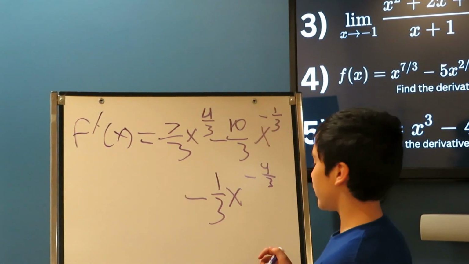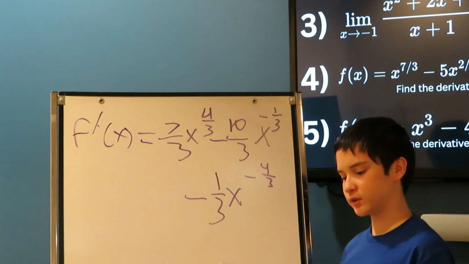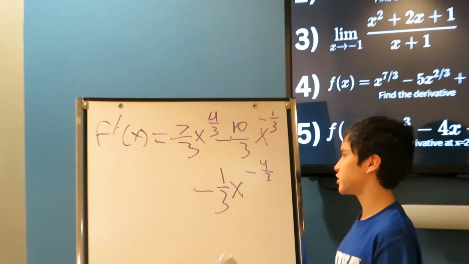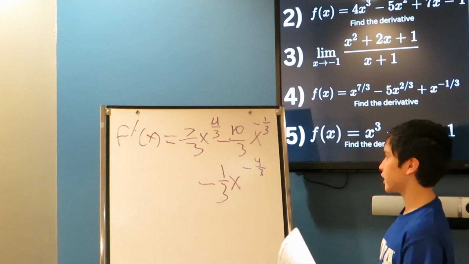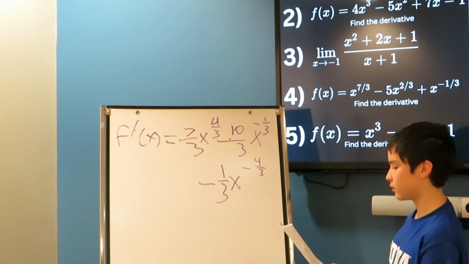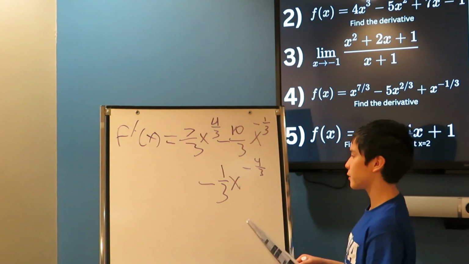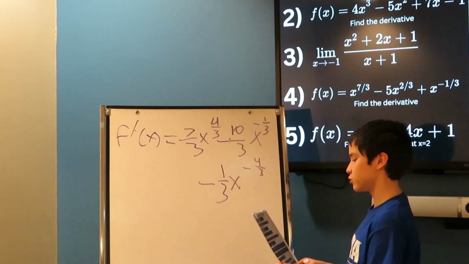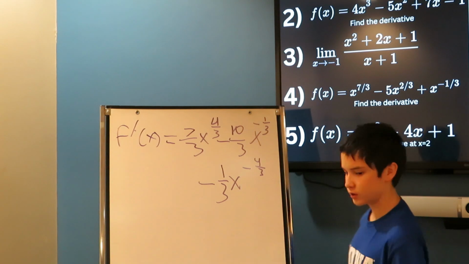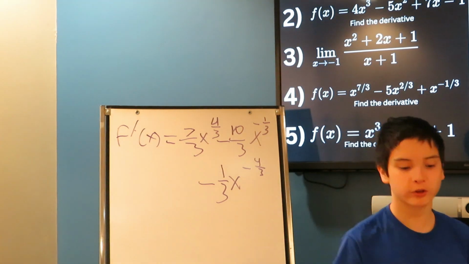So we finally get, after a bit of simplifying, f prime of x equals 7 over 3 x to the 4 over 3 power minus 10 over 3 x to the negative 1/3 power minus 1 over 3 x to the negative 4/3 power. And that would be the answer for question number 4.